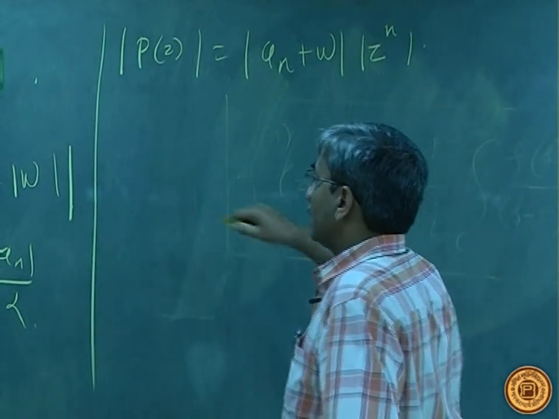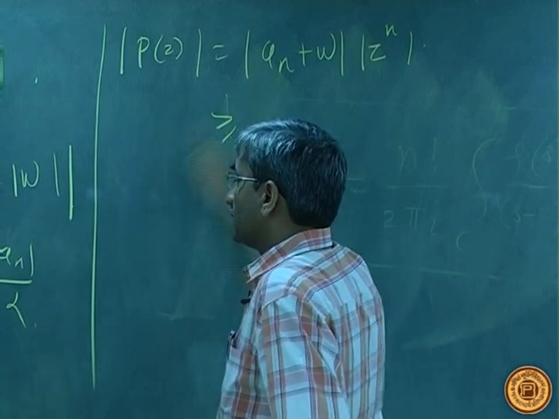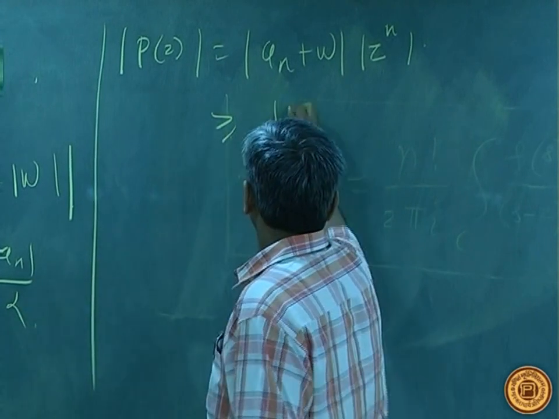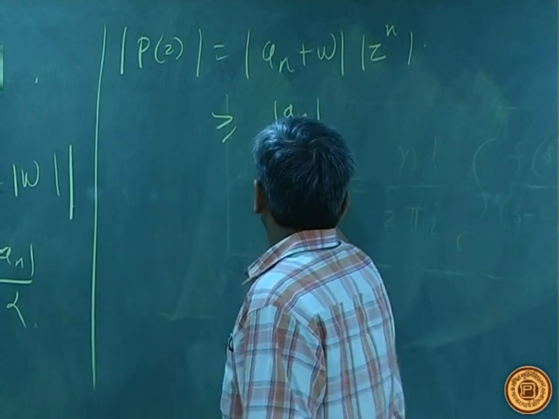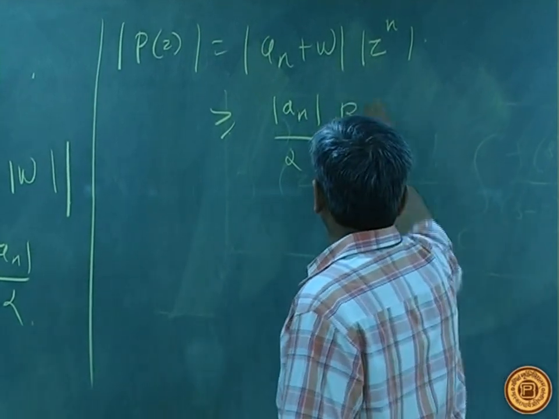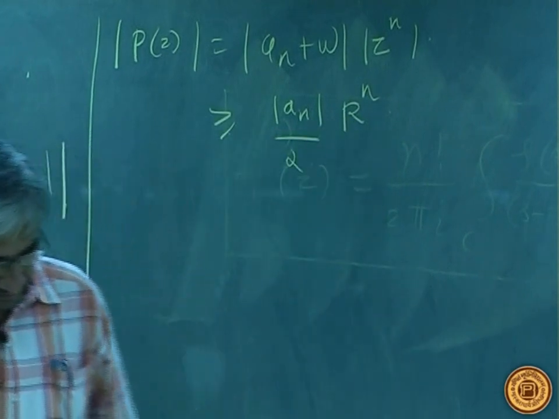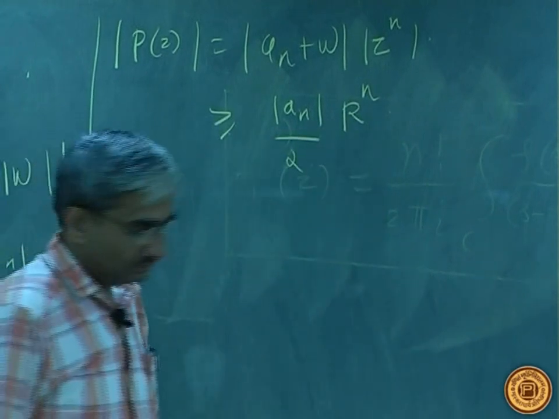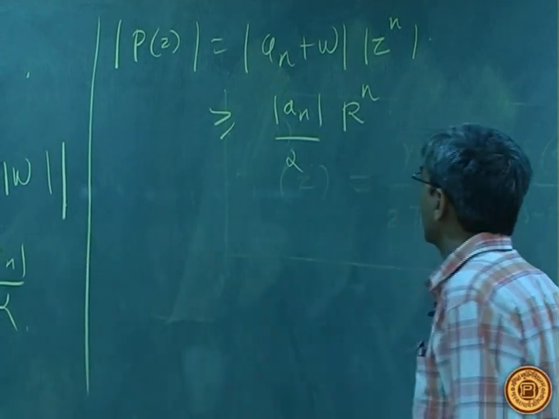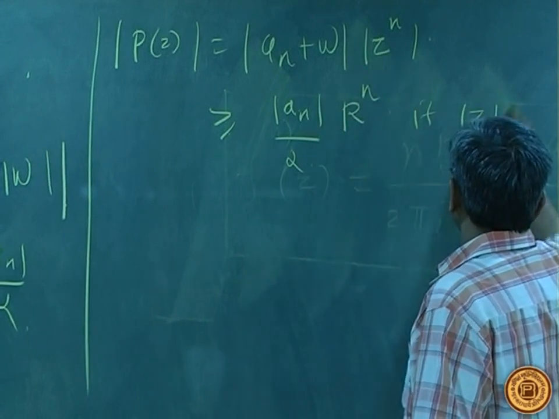That will be bigger than or equal to mod an plus w, which we have just now proved to be mod an by 2, and mod z is bigger than r, so r to the power n. So this is true if mod z is bigger than r.